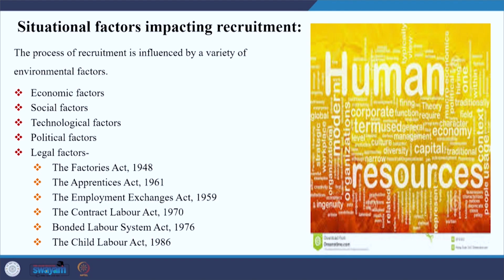There is the Bonded Labour System Act 1976 and the Child Labour Act, because a child who is not legally supposed to be appointed should not be working at the workplace.